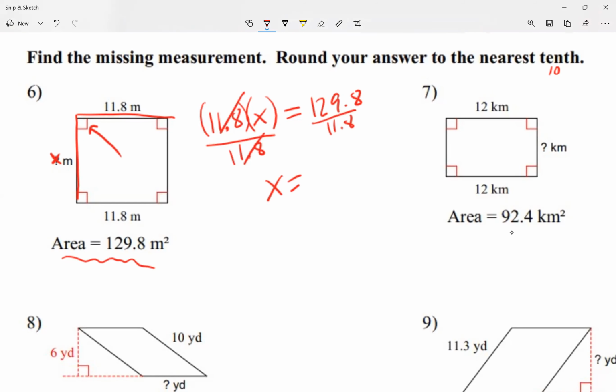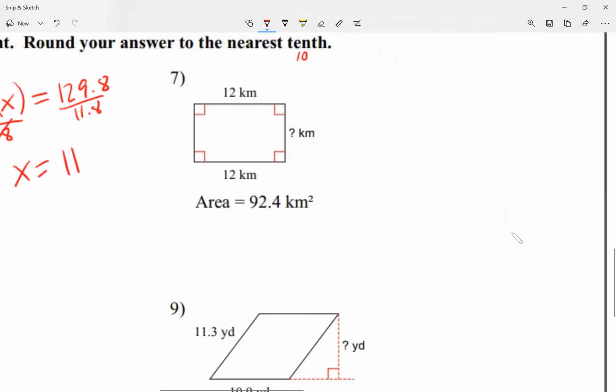And then on the right side, I have 129.8 divided by 11.8. My calculator says 11. If there was a decimal, because the instructions said round to the nearest tenth, well, then round to 1 decimal place.